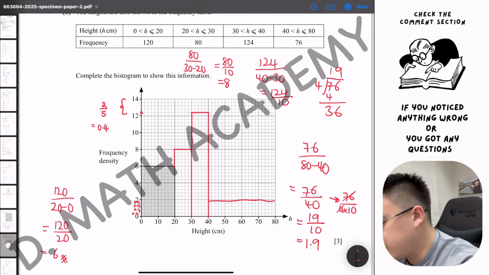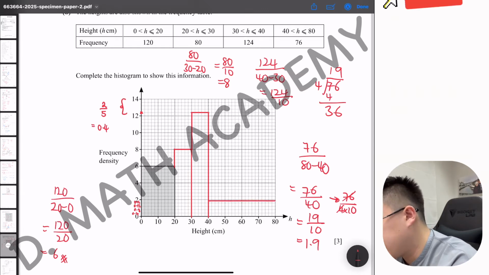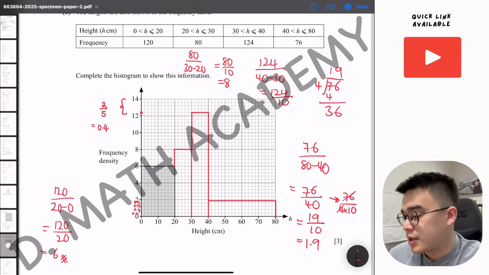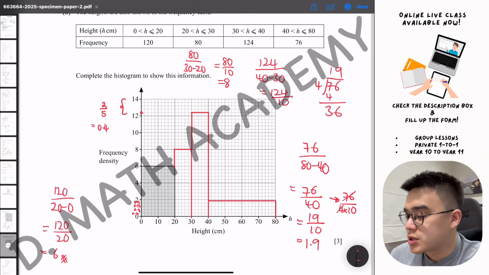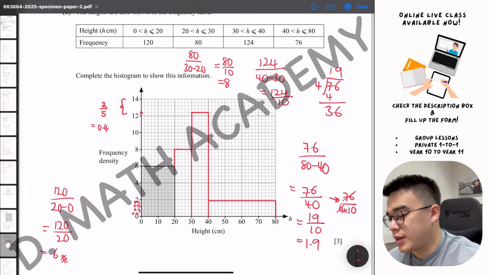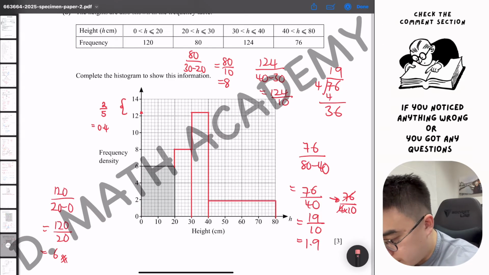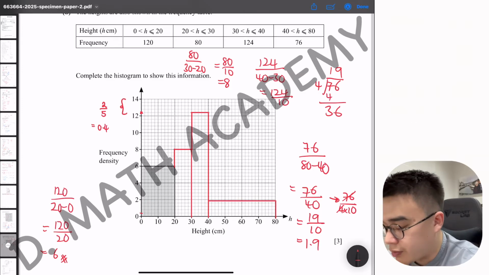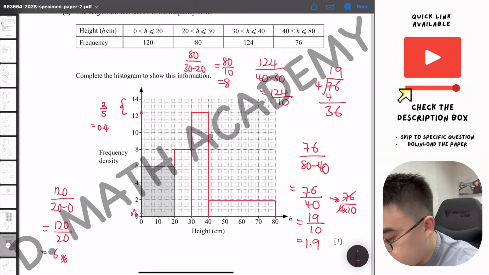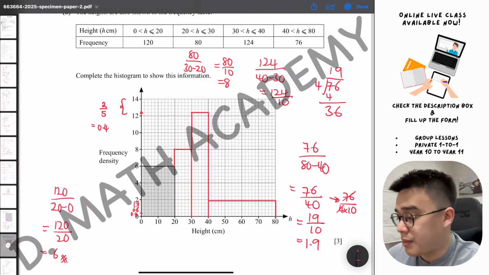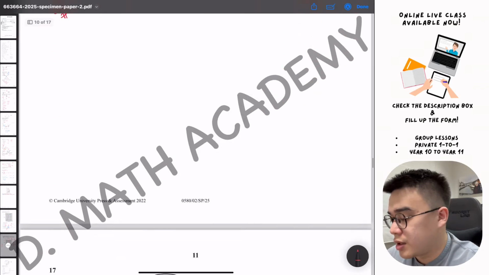So I'm assuming something like this. Join it up all the way, and that should be it, making your final answer 1.9. For further details, I just realized I wrote something wrong: 0.4, 0.8, 1.2, 1.6, then 1.9. This is how I came out and drew this thing here.